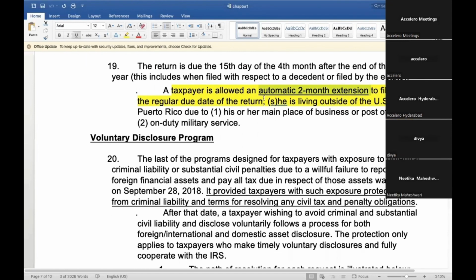So they get an automatic 2-month extension, meaning we don't need to file for it. But when we want a 6-month extension from April to October, we definitely have to file the extension request form, which is 4868. It has to be filed electronically, or it can even be mailed to the IRS, as long as we retain proof that we have mailed it. That's very important. The IRS will not give an automatic extension otherwise.